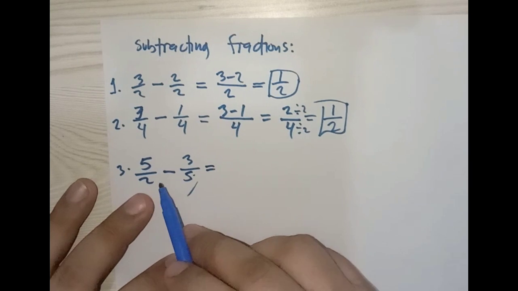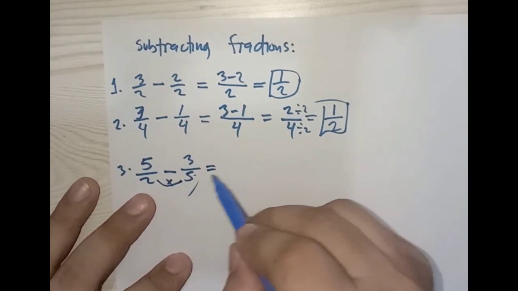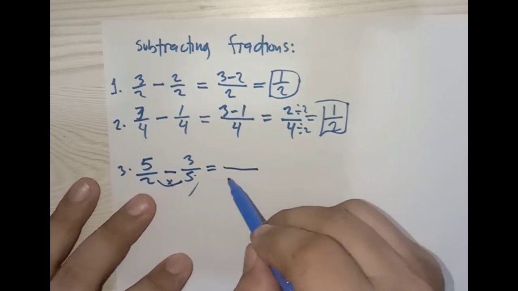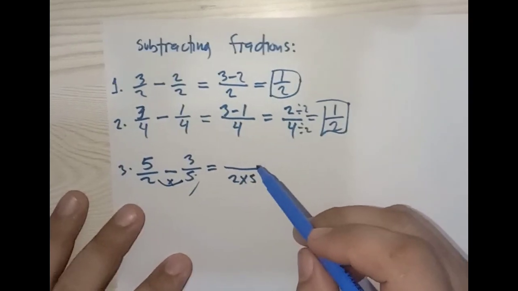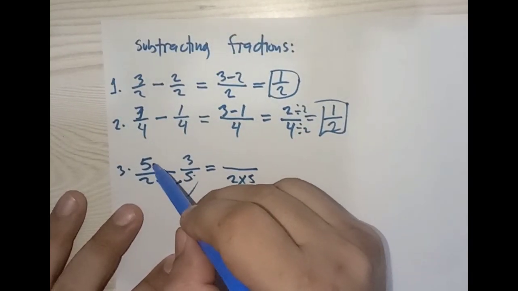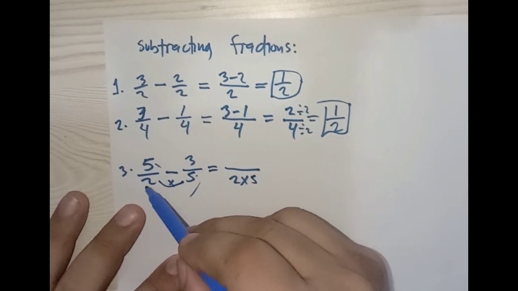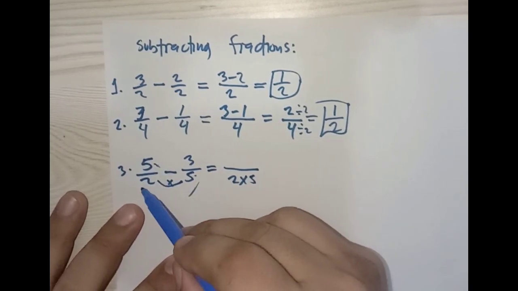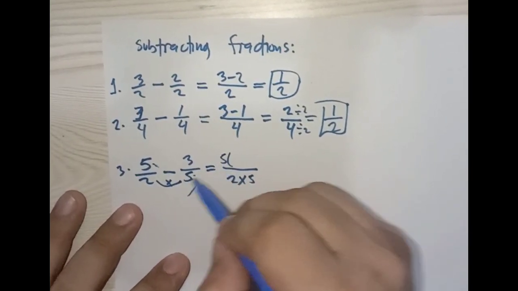First step is multiply natin itong denominator. Okay? 2 times 5. Yan. And then, i-cross multiply natin from top down, and then pagkatapos dyan is ito naman sa baba to up. Okay? So, 5 times 5.